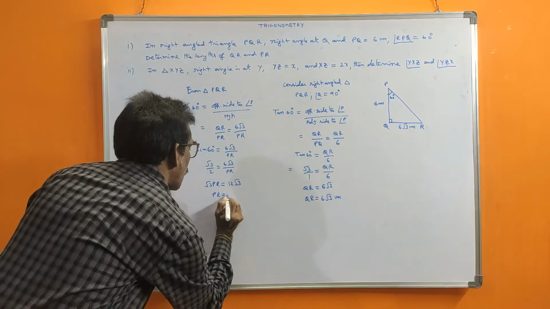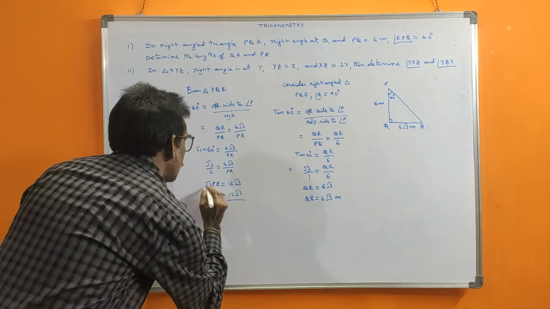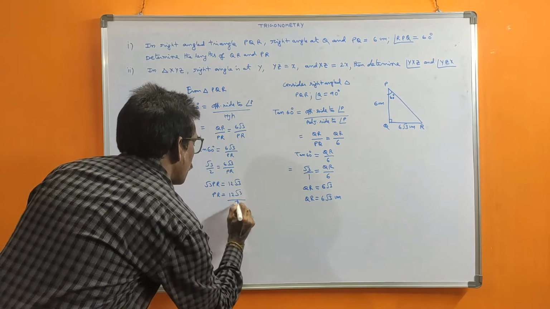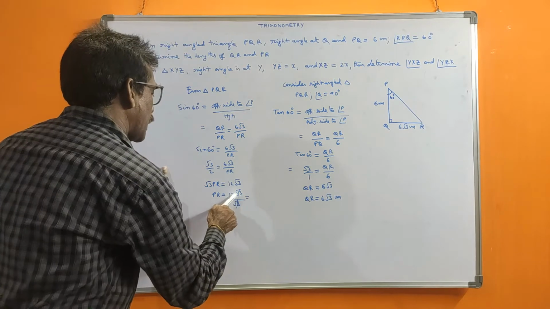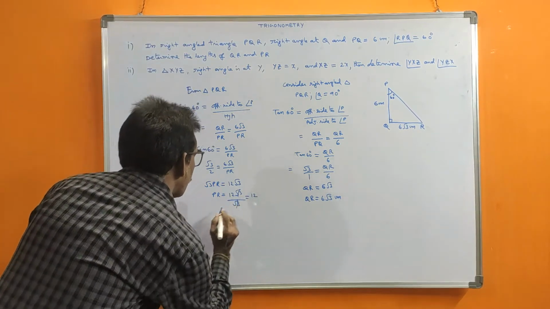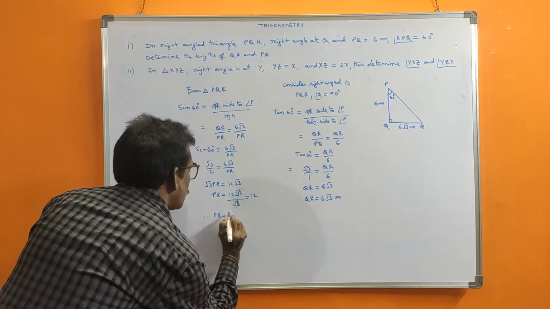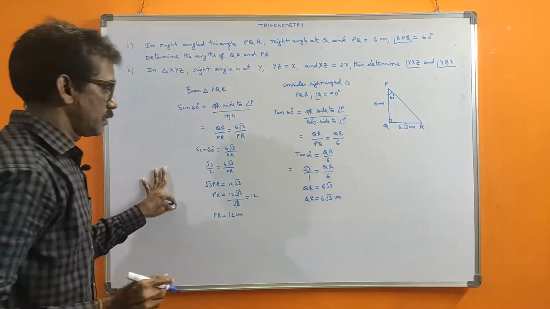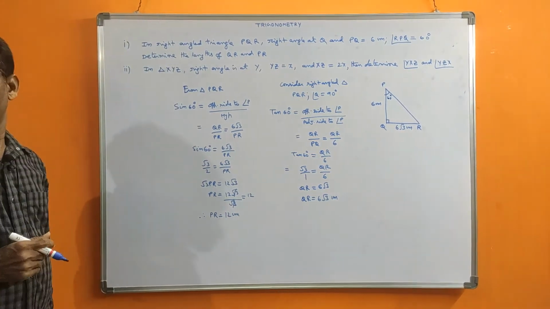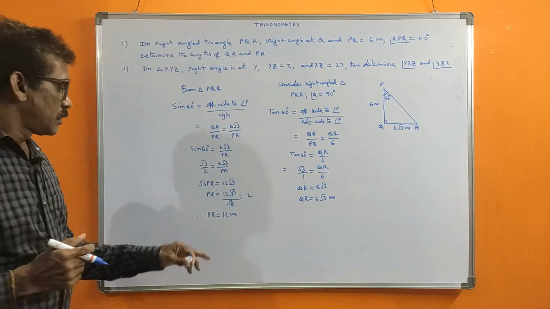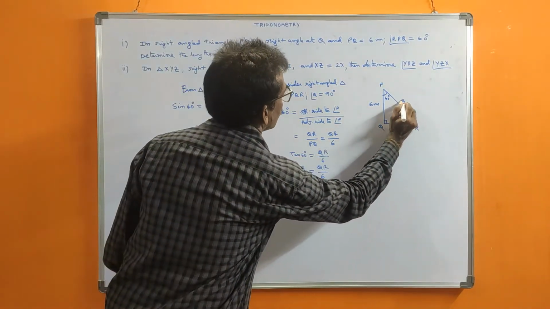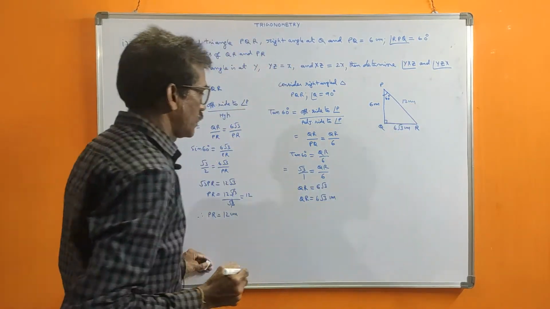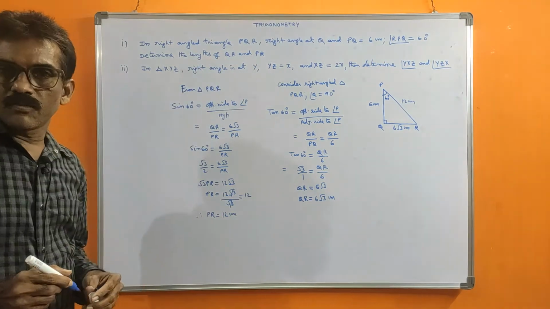Now if you want PR, 12 root 3 comes to this side by dividing. Root 3 cancels. So this is 12. Therefore PR is equal to 12 centimeters. You can write here 12 cm. What he asked, that we got.